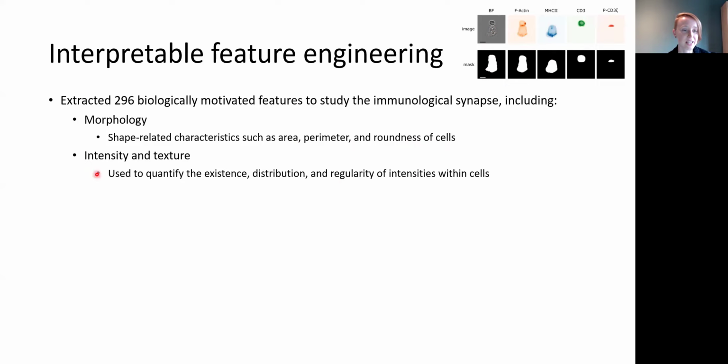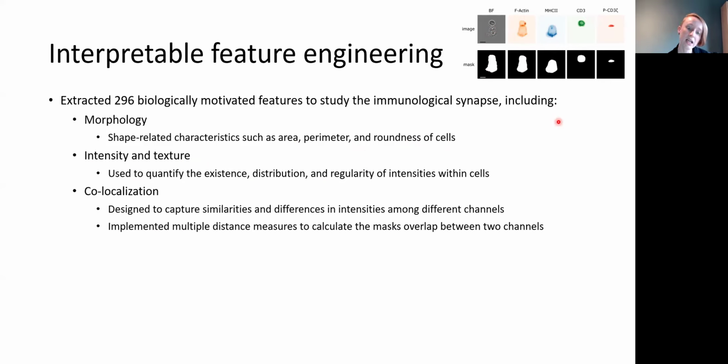They also looked at intensity and texture of each of the channels, so looking at the existence of a stain or not, the particular distribution of it, whether there's any particular hotspots at any point in any of the cells. Co-localization, so trying to capture similarities and differences in intensities among the different channels, so whether there's overlap between them.